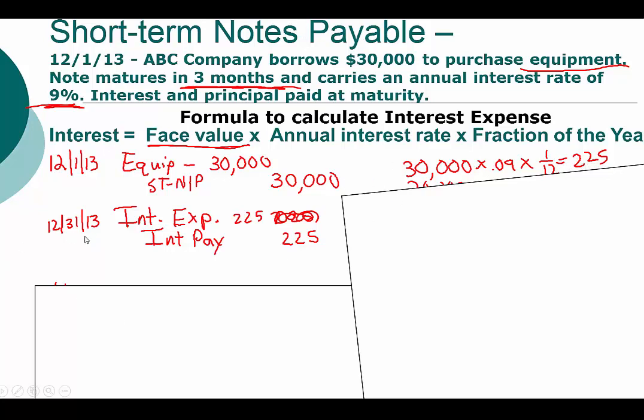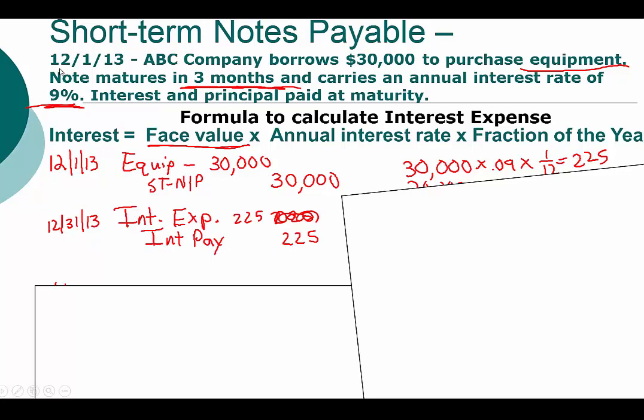So on 12/31/13 we would recognize the interest expense based on the matching principle to show the amount that we owe, recognize it in the financial statements, but since we're not paying it, we put it to the interest payable account, which is our current liability. So that is the adjusting entry.